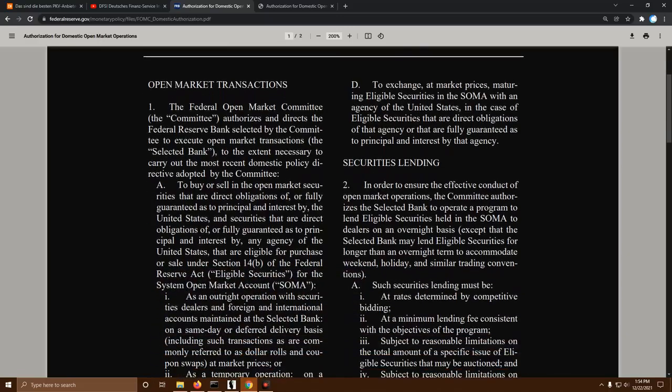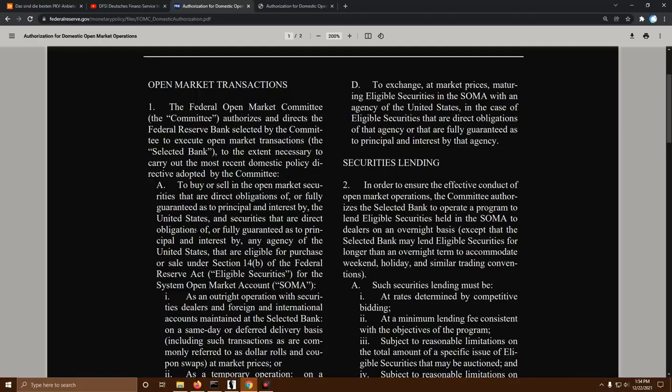So the Federal Open Market Committee, or the FOMC, authorizes and directs the Federal Reserve Bank selected by the committee to execute open market transactions to the extent necessary to carry out the most recent domestic policy directive adopted by the committee.